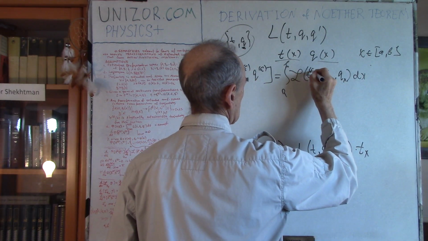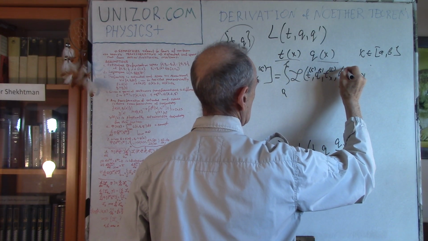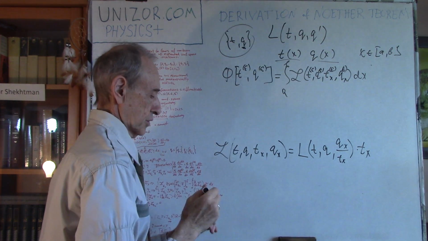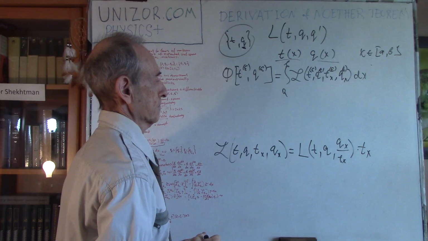Now epsilon, epsilon, epsilon, epsilon, transformed coordinates. So this is my new action functional.